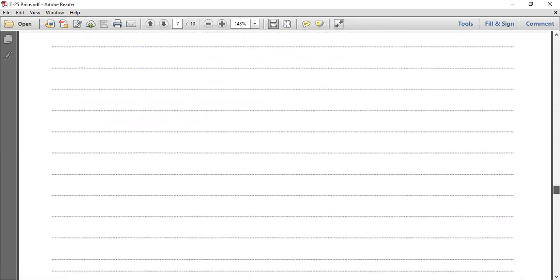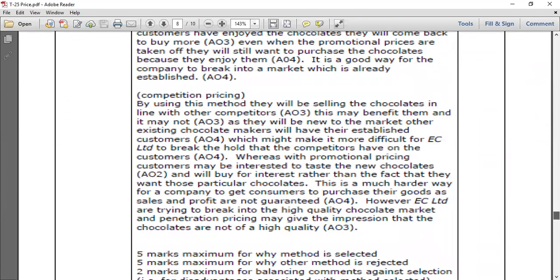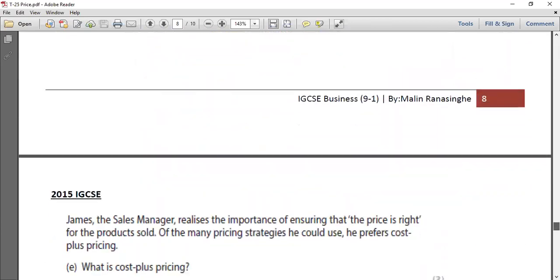So, in the case study, by using this method they will be selling chocolates in line with other competitors. It's the chocolate industry, so whatever you write, advantages and disadvantages, apply it to the case study. That's the 9-mark question structure: 2 advantages and 2 disadvantages of the selected option.